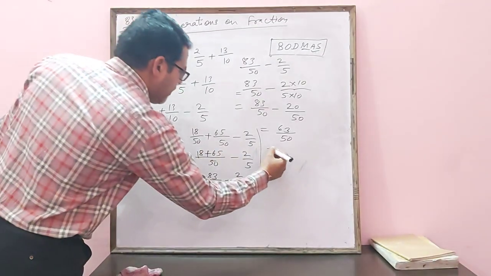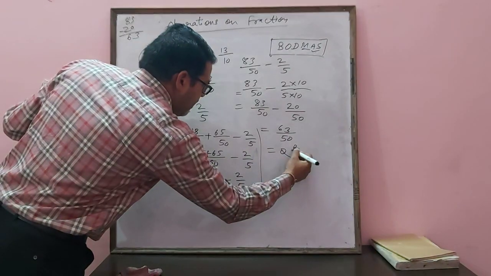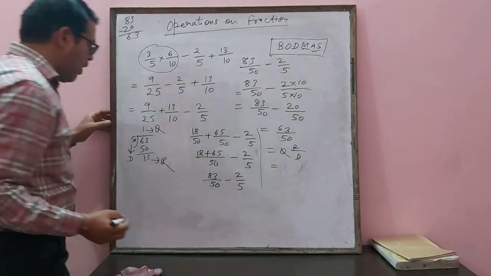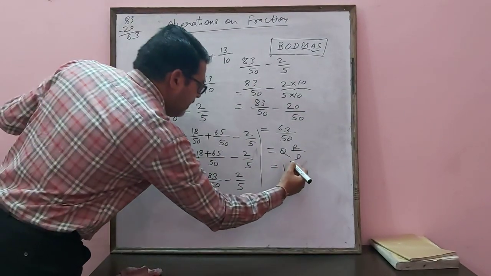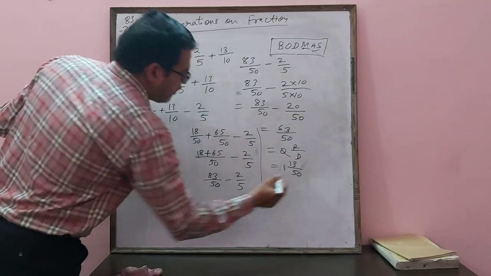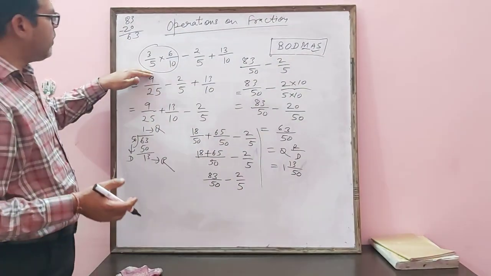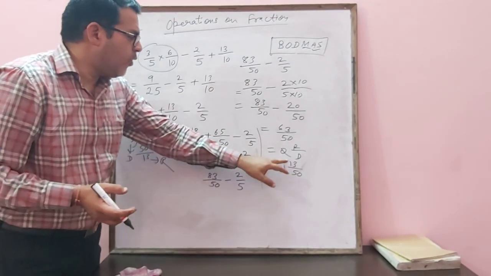So what can we write here? Quotient we can take as the whole, then remainder upon divisor. Now the quotient is 1, the remainder is 13, and the divisor is 50. So the solution of this expression is 1 whole 13 by 50.